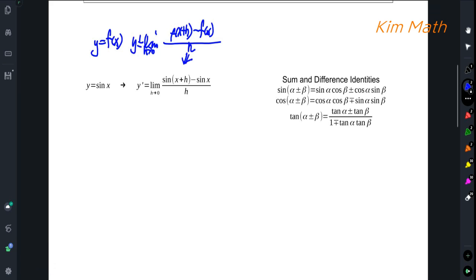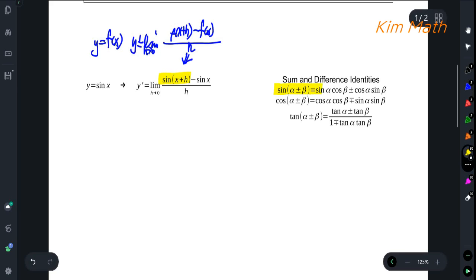Now, to modify the equation here, for this part, I will use the sum and difference identity. Remember that? So, how can we write y prime is the limit as h approaches 0.